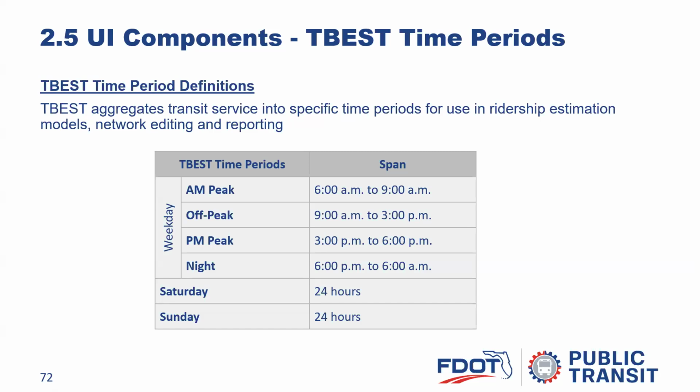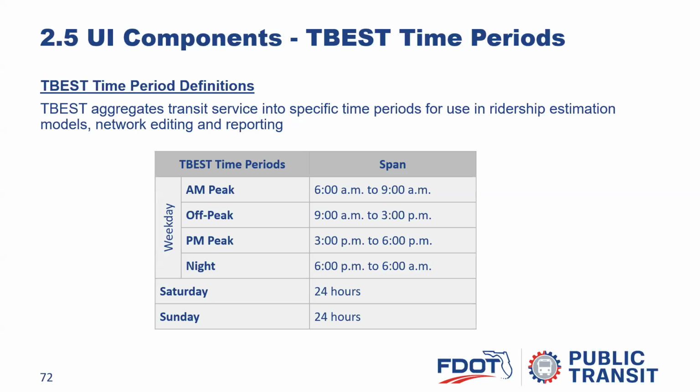You can see the different spans for each period, from 6 a.m. to 9 a.m. for AM peak, et cetera. And then for Saturday and Sunday, they're just the full 24 hours of service, so it's basically all day for Saturday and Sunday.